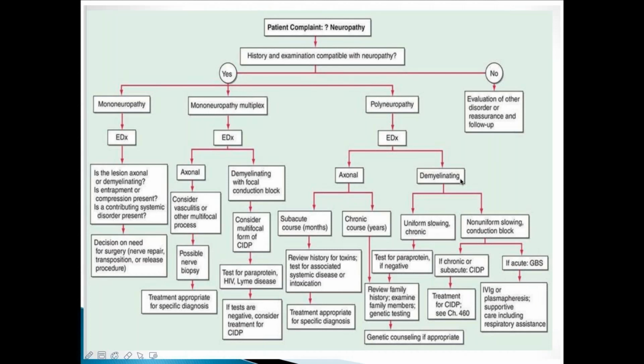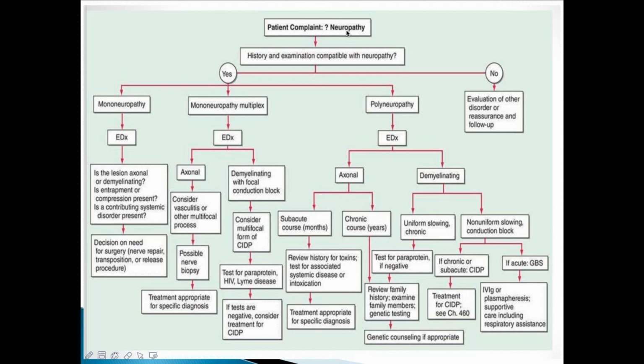This is all as a master chart, right? I'll spend some amount of time over here. This is from Harrison's only. And now a patient comes to you and, see, what does neuropathy mean? The patient will say that I have tingling in my hands and feet, or difficulty walking, or difficulty holding things. If you examine, he might have decreased sweating on the hands.